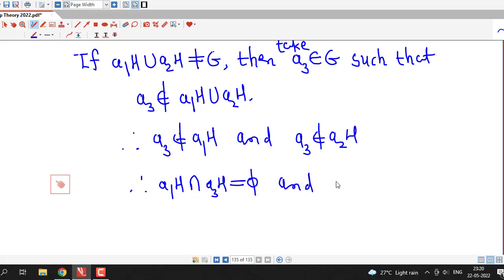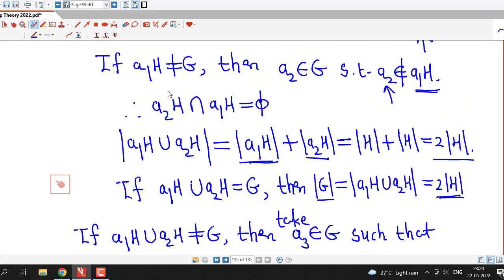as well as A2H and A3H are also disjoint, and we have shown that A1H and A2H are also disjoint.